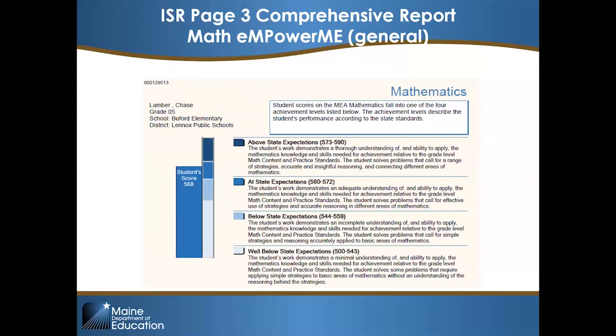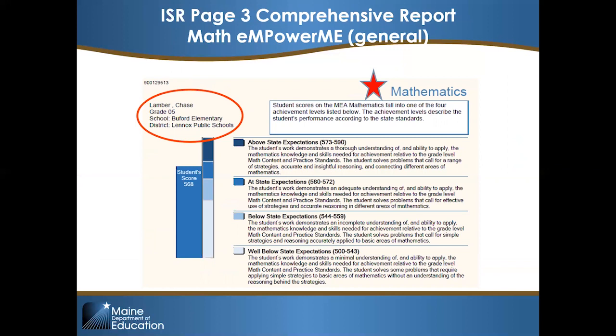Now we will review the ISR for the subject content area of mathematics, Empower Me, beginning with the general mathematics assessment. Again, Chase Lambert, who is a student in 5th grade at Buford Elementary in Lenox Public Schools.